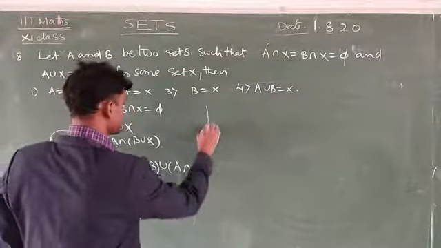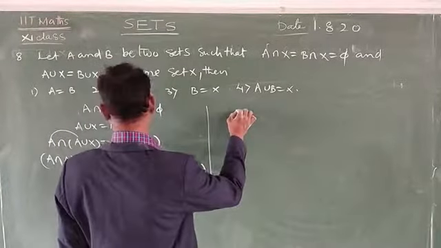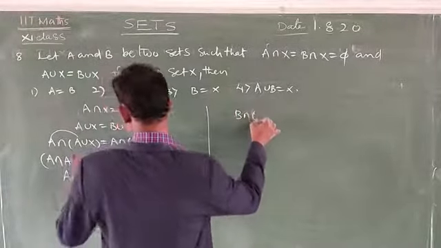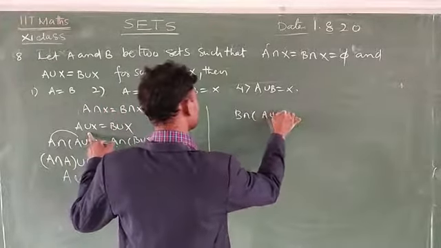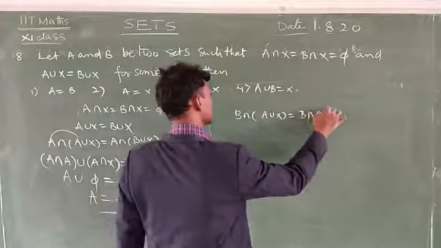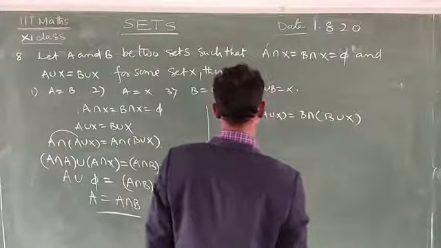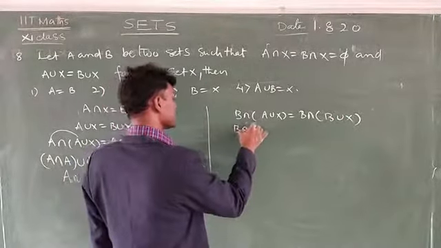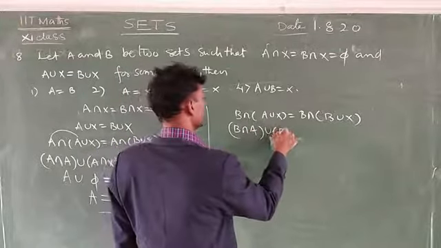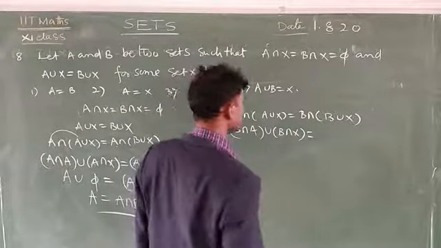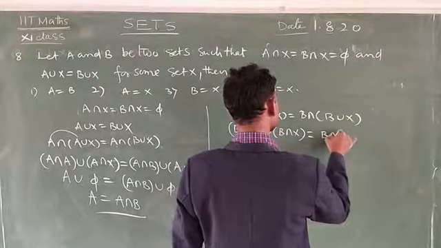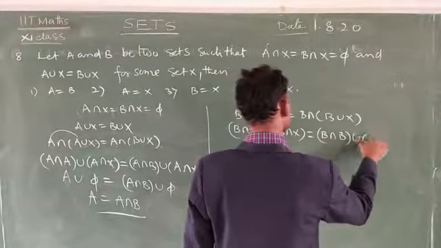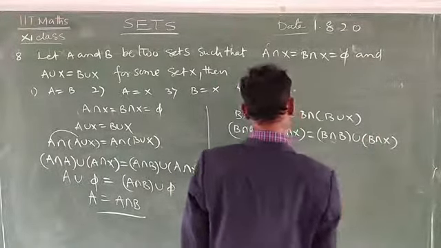Now you can take the second case, B intersection on either side. Here B intersection, given statement A union X is equal to B union X. Now here also you have to apply the distributive law: (B intersection A) union (B intersection X), next (B intersection B) union (B intersection X).